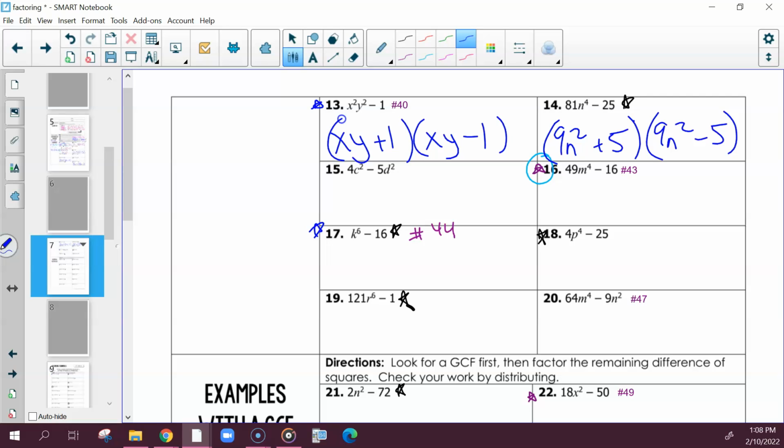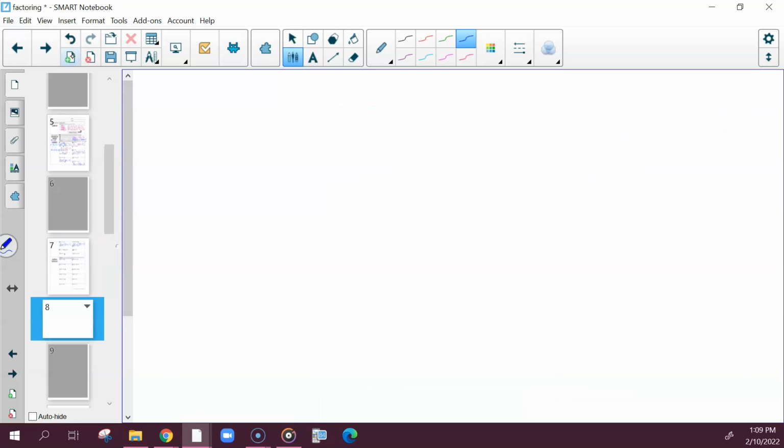Before we do another one, I want to show you an example of something you might have to do twice. Somewhere where you have blank space, write this down: 81w to the 4th minus 1.